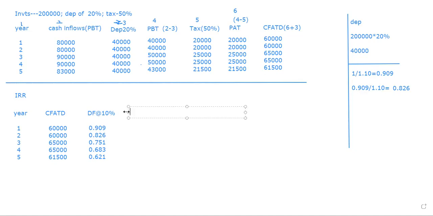Now my present value is equal to, we are going to multiply each and everything. So I'll use my calculator again. Here, 0.909 into 60,000.